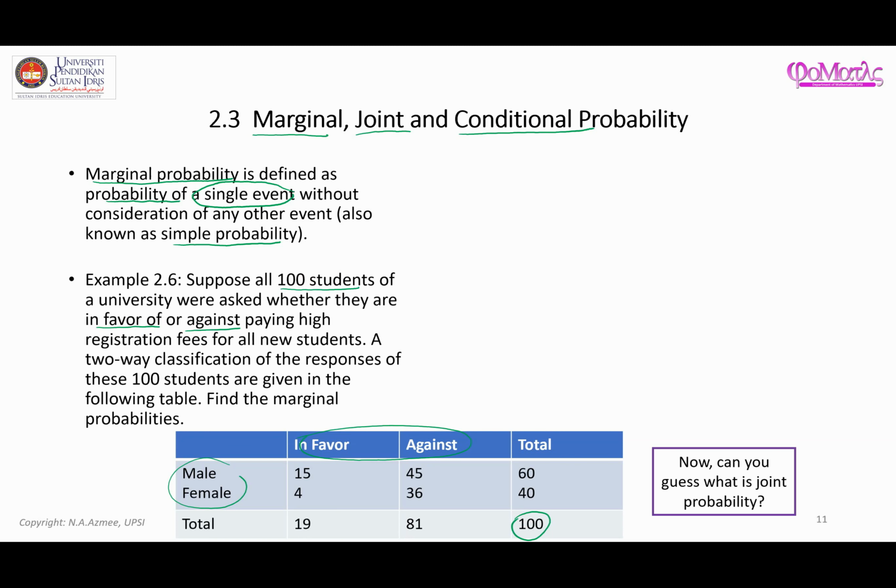And you are asked to find the marginal probabilities, which in other words, the probability of one single event. So you can see from this table that there are 4 events of interest.